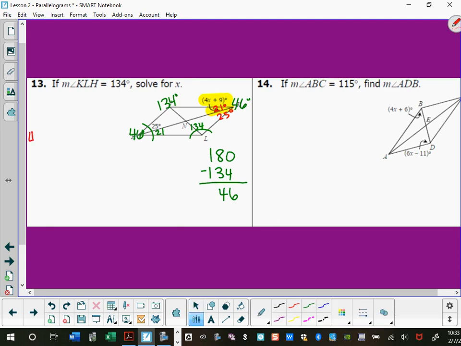So we have 4x plus 9 is equal to 21. We're just solving for x.